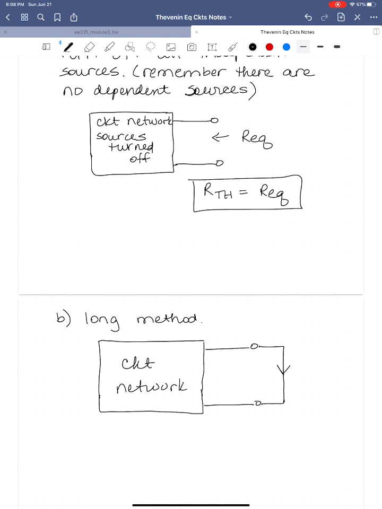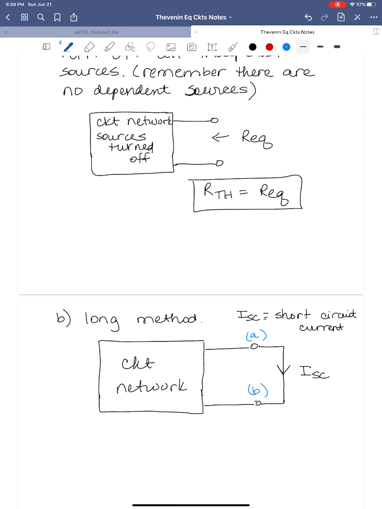Okay, and we're going to find the short circuit current. So ISC is equal to the short circuit current. And notice that the short circuit current, again, putting in these A and B designations here, always flows from plus to minus with respect to the way we labeled the open circuit voltage polarity.